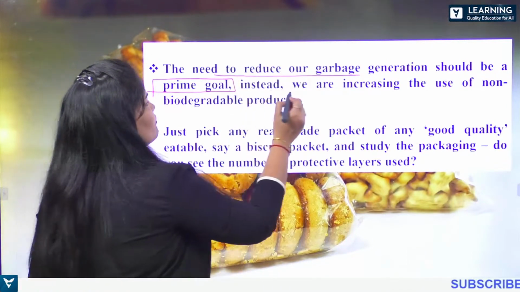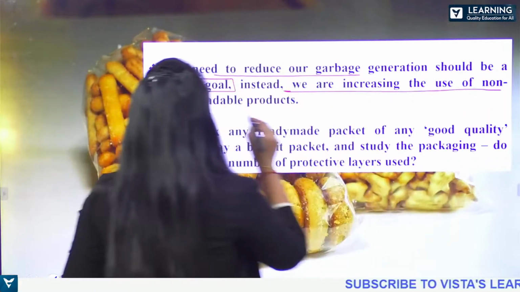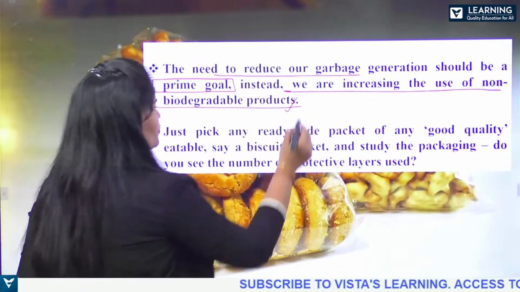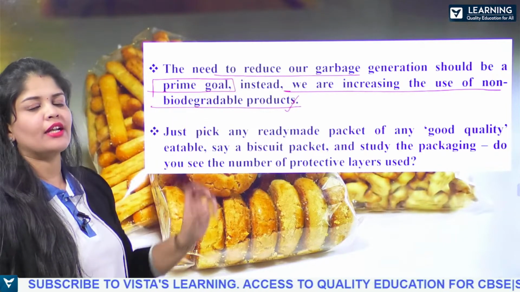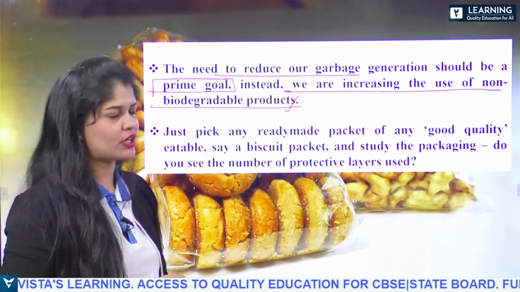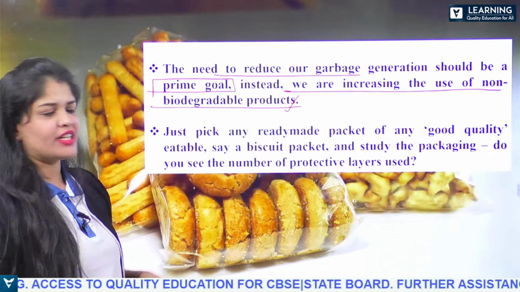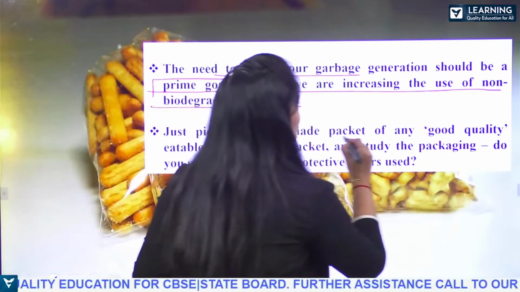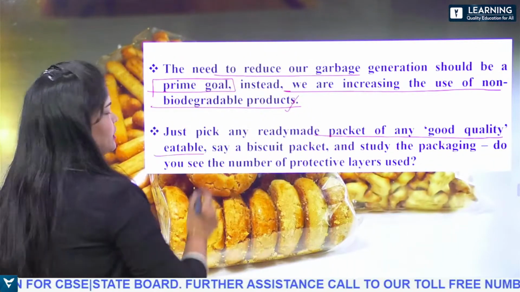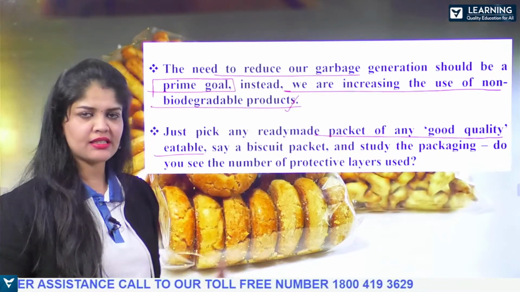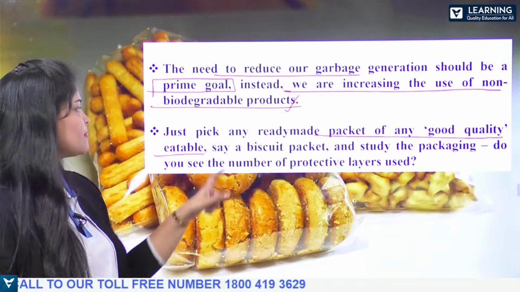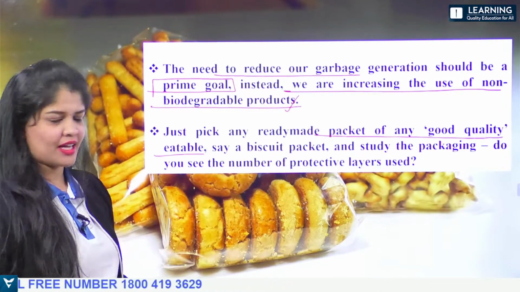One thing is that we are increasing the use of non-biodegradable products. We can reduce the use of non-biodegradable products and increase the use of biodegradable products. Just pick any ready-made packet of any good quality eatable, whether fruits, milk, biscuits, chocolates, such as a biscuit packet.